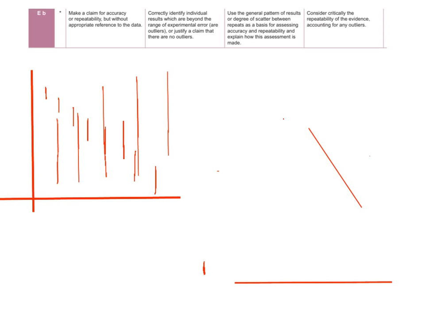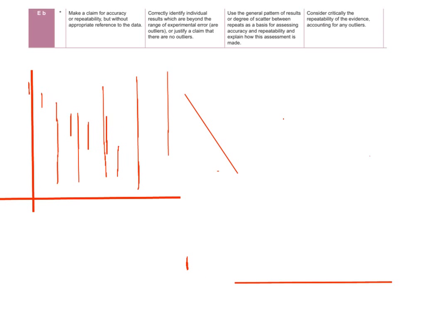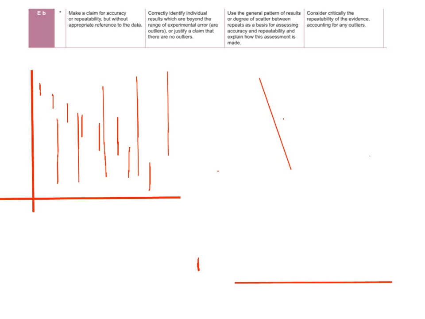With this one, we can say that the line of best fit is going to be somewhere around here, and you can tell from this line of best fit and the error bars that you can be fairly confident that the true value is probably somewhere around here.